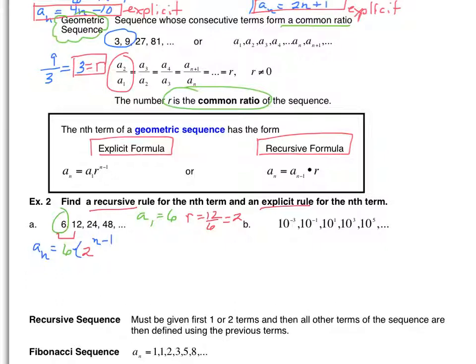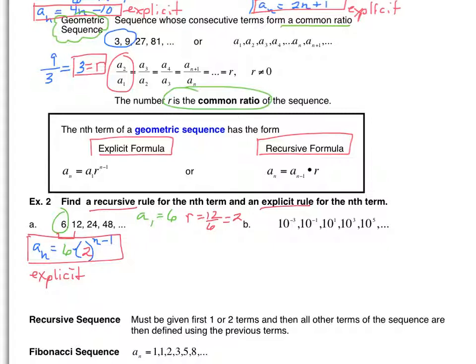I like to put that in parentheses though, because especially if your common ratio is negative, you don't want to leave it out of parentheses, because you're raising that negative and whatever the number is to the n minus 1. It has to be in parentheses if that r is negative. So you might as well get in the habit of putting in parentheses all the time. And so that's it. This is your explicit rule. I can't simplify that rule any further than what it is.